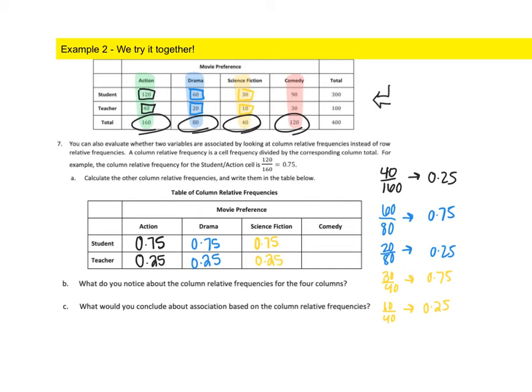I'm sure you can predict the last one, but go ahead and do it anyways. 90 out of 120 and 30 out of 120. 90 divided by 120 is 0.75, and 30 divided by 120 is 0.25. All right, it says, what do you notice about the column relative frequencies for the 4 columns? Well, we have the same numbers throughout.